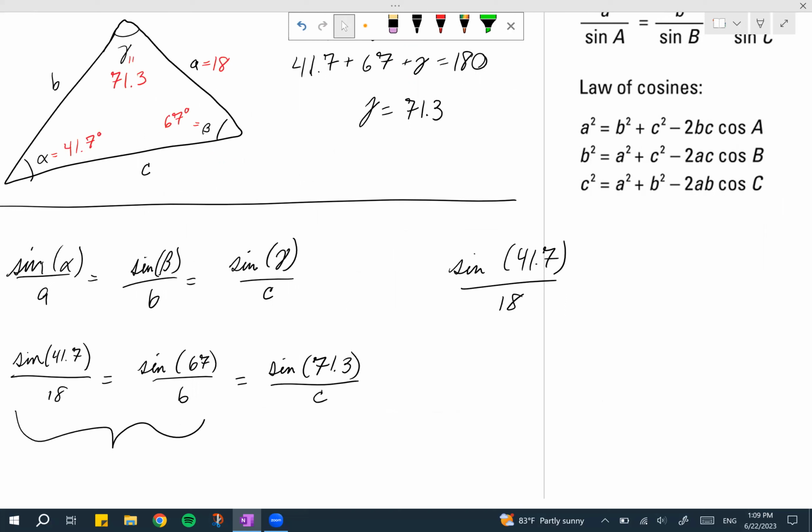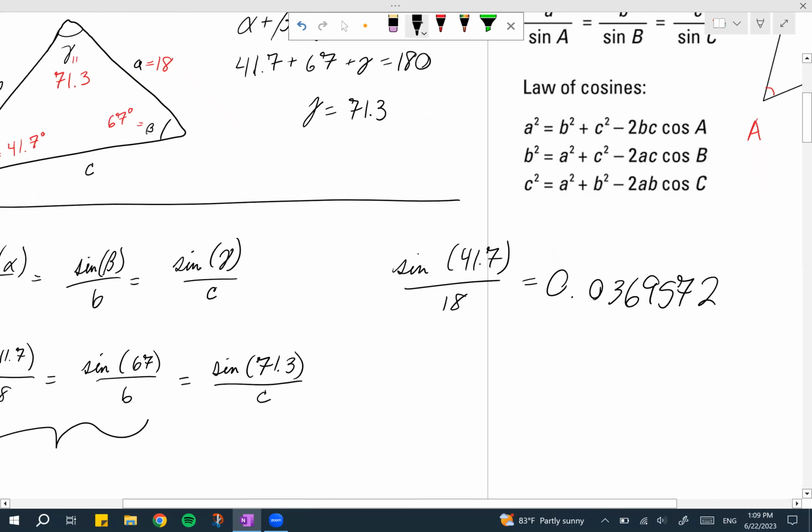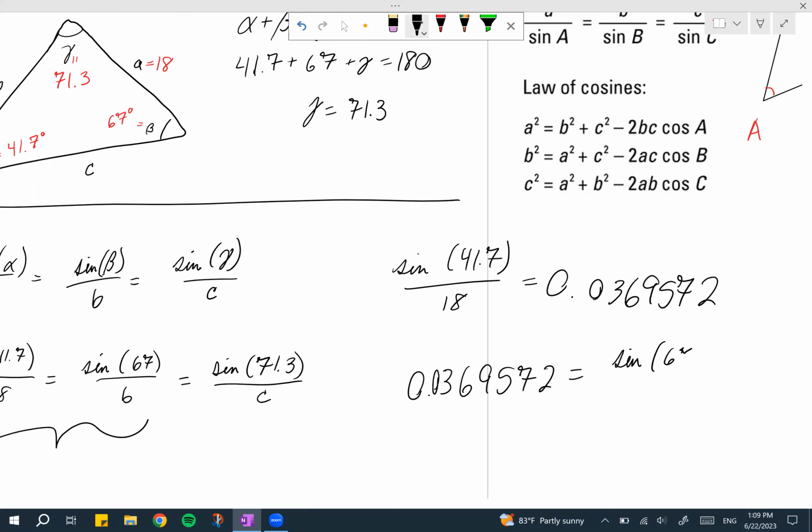I do sine of 41.7 divided by 18 and I get 0.0369572. So I know that 0.0369572 is equal to sine of 67 over B.